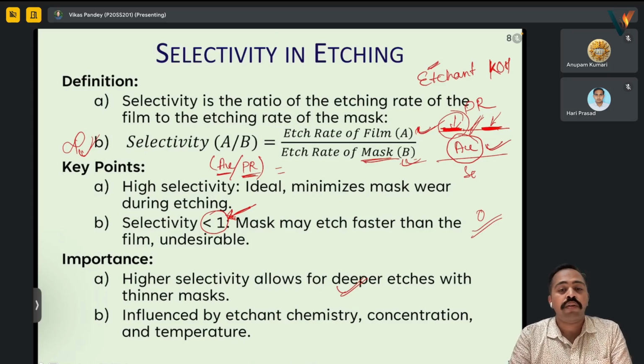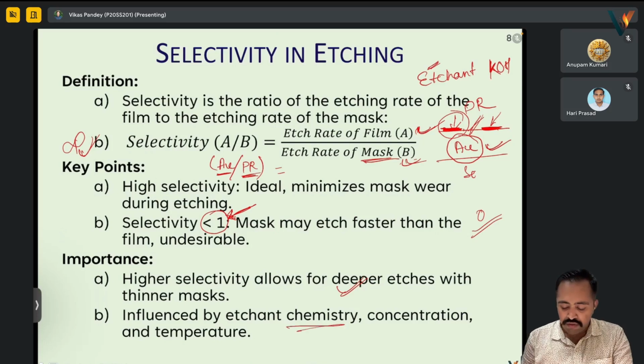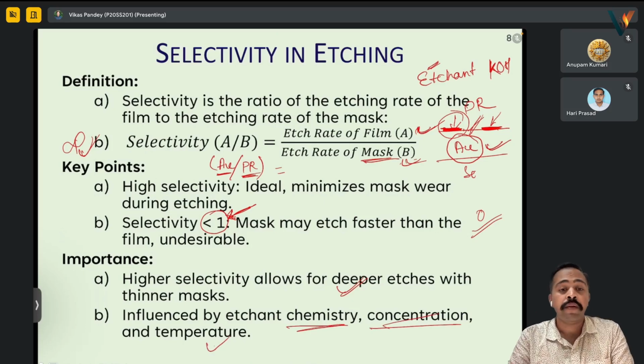It is all about the chemistry involved, the concentration, how strong the etchant is, and the temperature. Sometimes the same thing can be selective at one temperature, but when the temperature is increased, it might etch out the mask also. So these are the considerations or figures of merit we have to take into account.